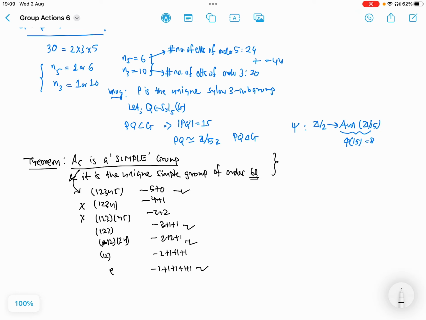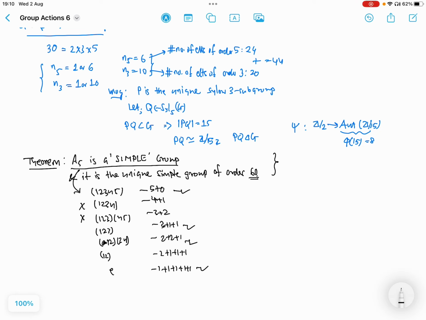And you know that in Sn, the elements of the same cycle representation are conjugate, right? So they belong to the same conjugacy class. So we have got four types of such elements, right? Four such cycle decompositions inside A5, namely the 5 cycle, the 3 plus 1 cycles, the 2 2 1 cycles, and the identity.